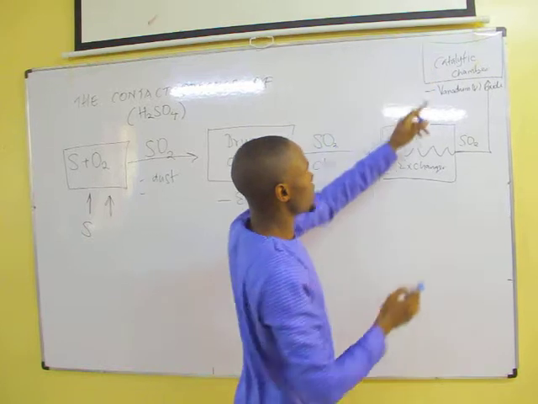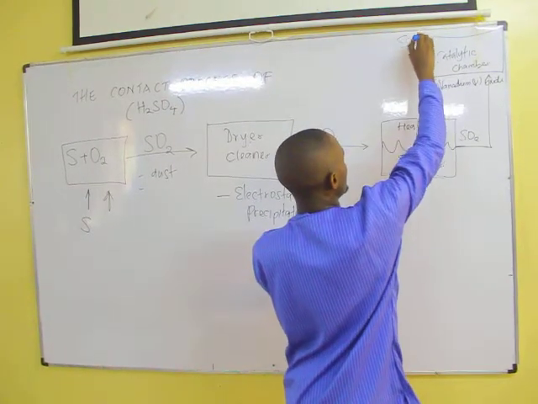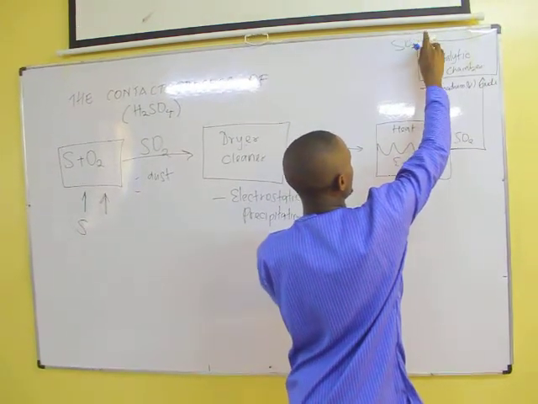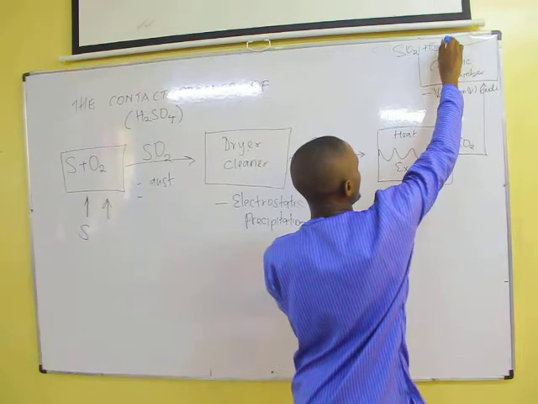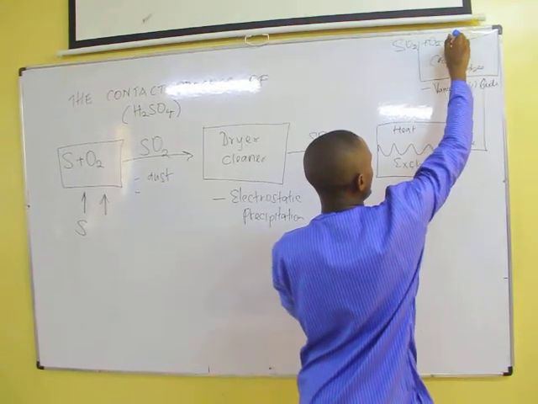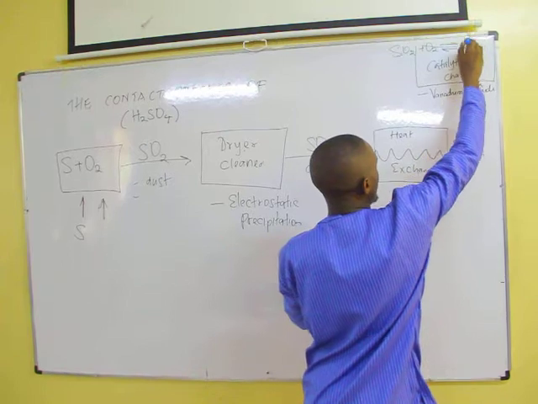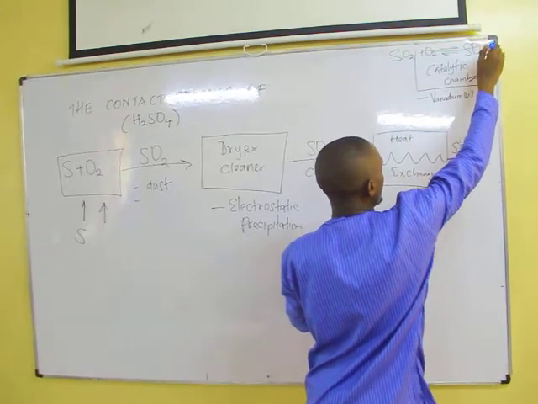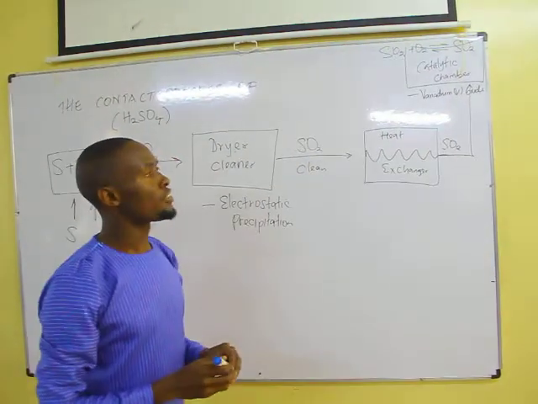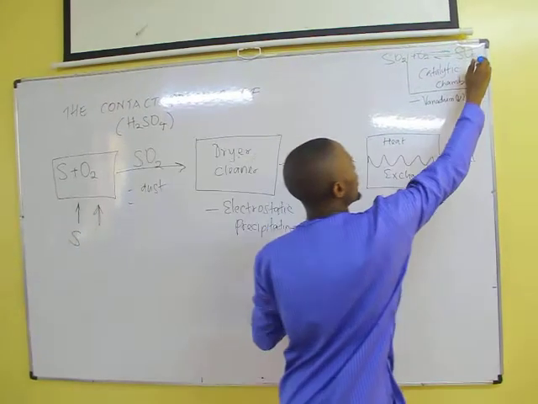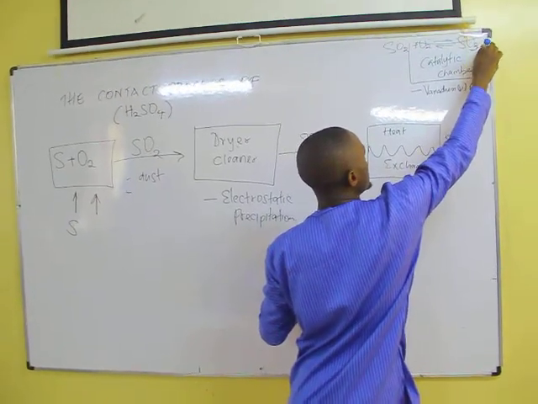Here we have oxygen, so I write the equation: sulfur 4 oxide plus oxygen, a reversible reaction, to form another gas, sulfur 6 oxide gas.